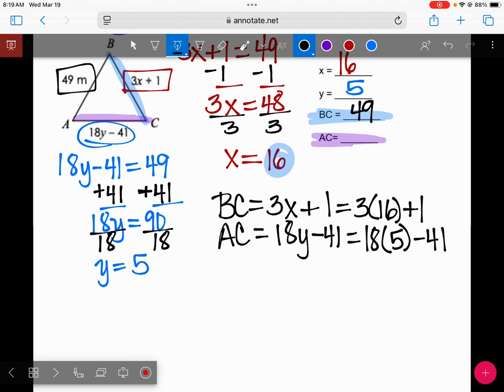Go ahead and make sure that that is also 49. Who got 49? And that makes sense because it said it was equilateral. And if it's equilateral, all three sides will be the same. So if AB is 49, then BC will be 49, and so will AC. So that's an equilateral triangle.